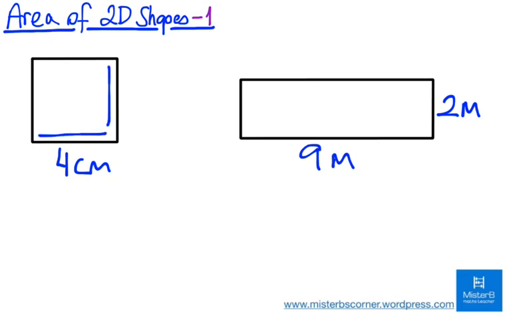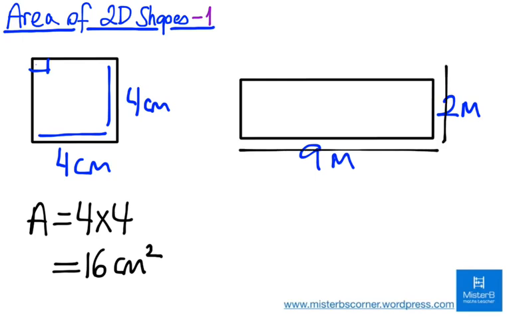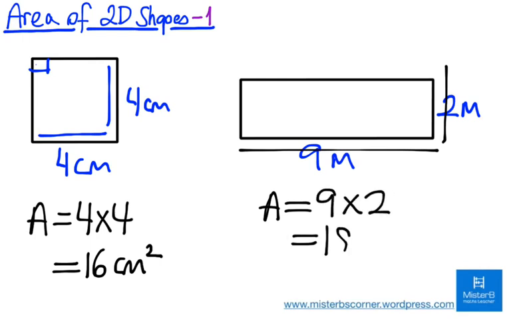Just because this is a square, I can write this as 4 centimeters as well, and I can calculate the area to be 4 times 4, which is 16 centimeters squared. And for the area of the rectangle, I have 9 meters here and 2 meters here, so it's going to be 9 times 2, which is 18, this time meters squared, because the side lengths are given in meters.